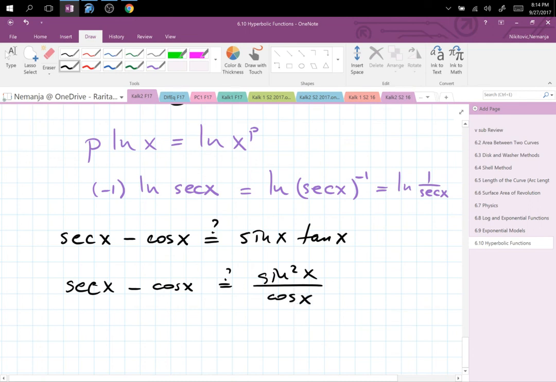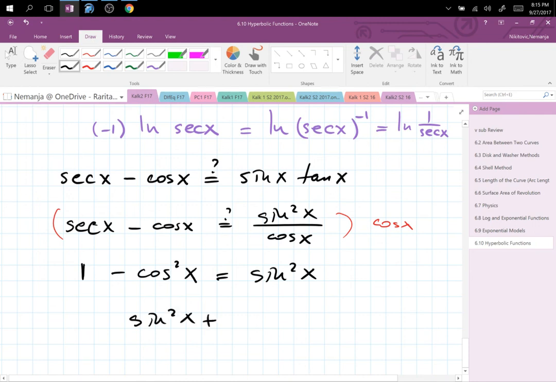Do you see now that you can multiply both sides by the cosine? Are we okay with that? Multiply both sides by cosine? On the right hand side, secant times cosine is 1, minus cosine squared x is equal to, cosine and cosine cancel, sine squared x.